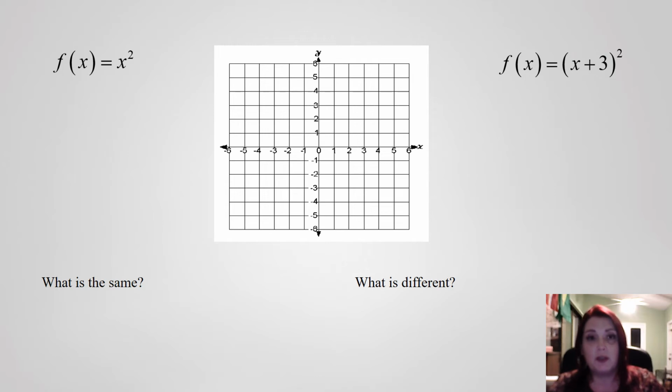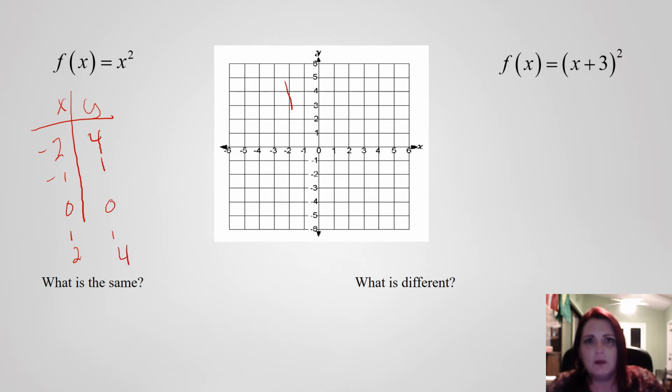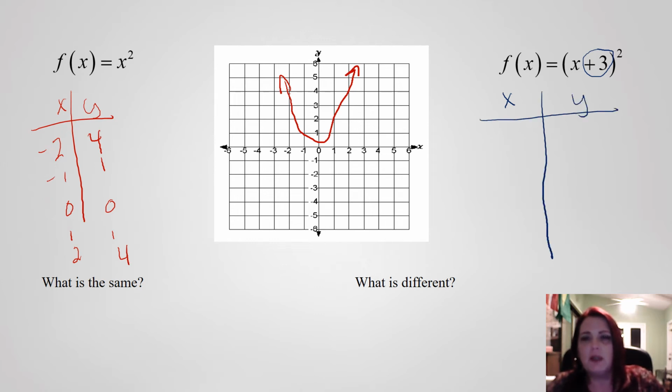Let's do another transformation. We're going to start with that same parent function. And this time I have a +3, but that's inside the parentheses. So let's see what happens when we do an x, y table.